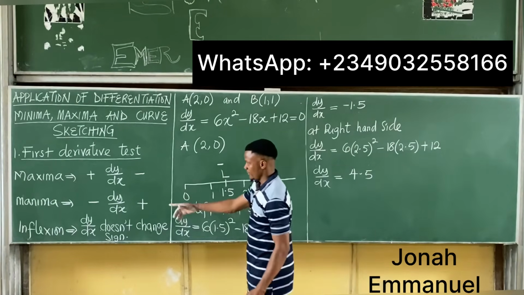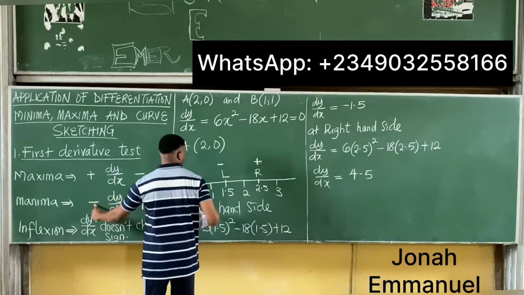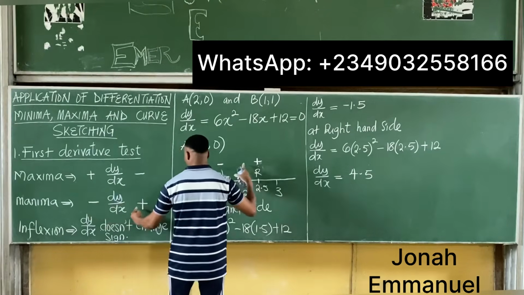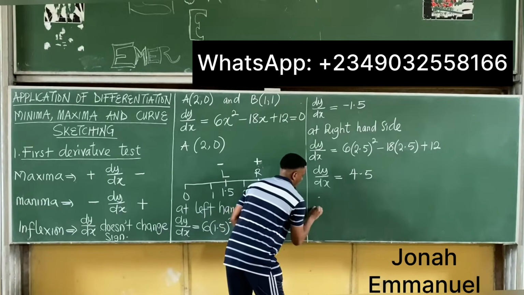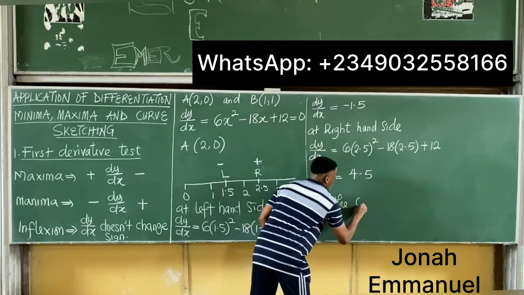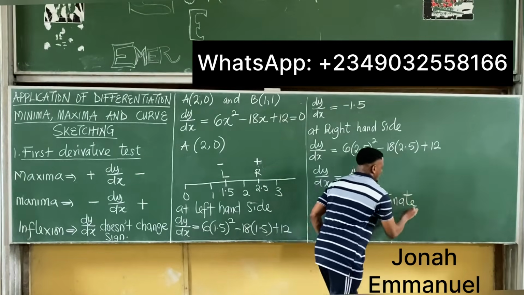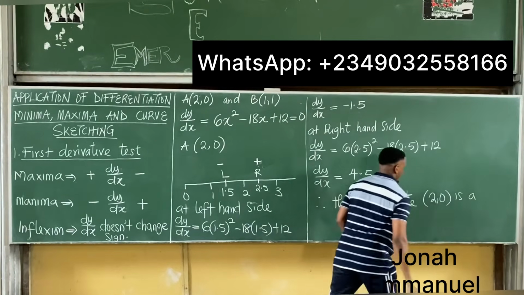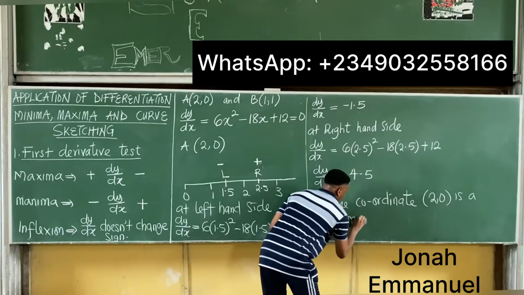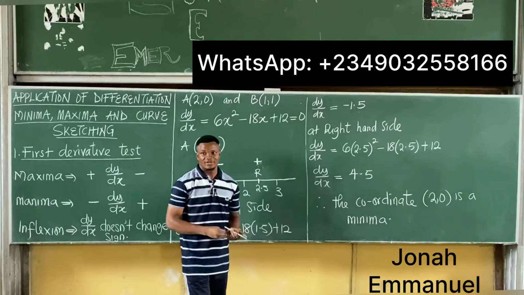It becomes a minima, because we said for a minima, dy over dx is negative on the left-hand side and positive on the right-hand side. Therefore the coordinate 2, 0 is a minima, or minimum point.